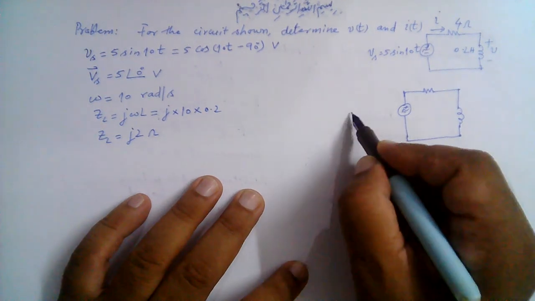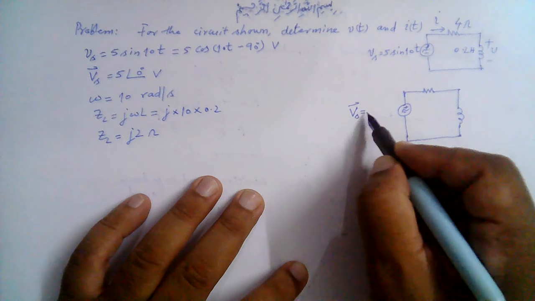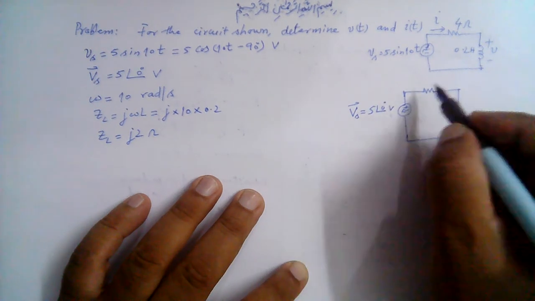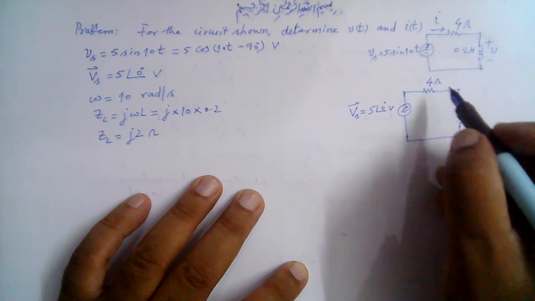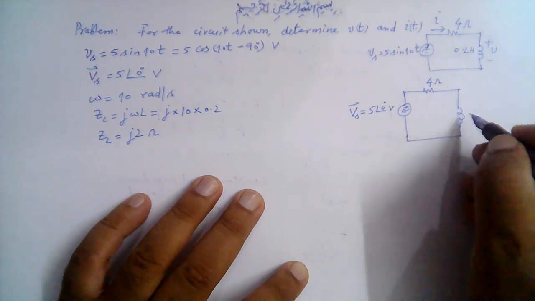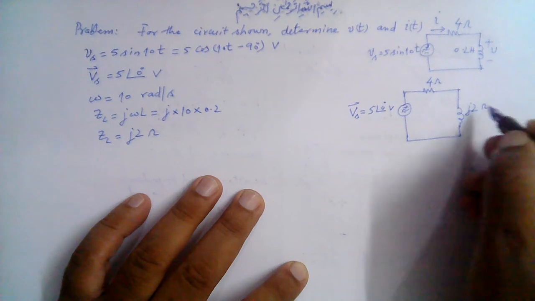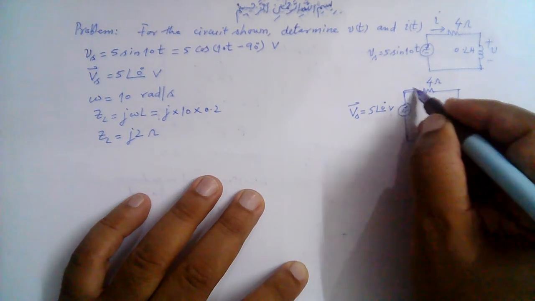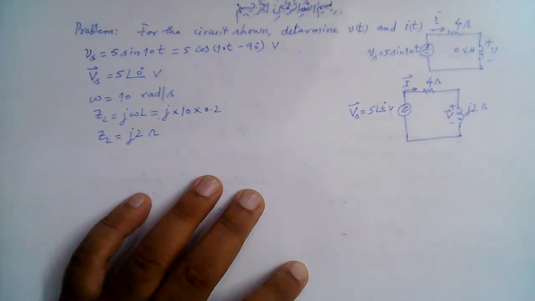This is Vs, and that is equal to 5 angle 0 degrees volts. This 4 ohm remains 4 ohm. This is j2 ohm, and we are interested to find the voltage V here and this phasor current here.